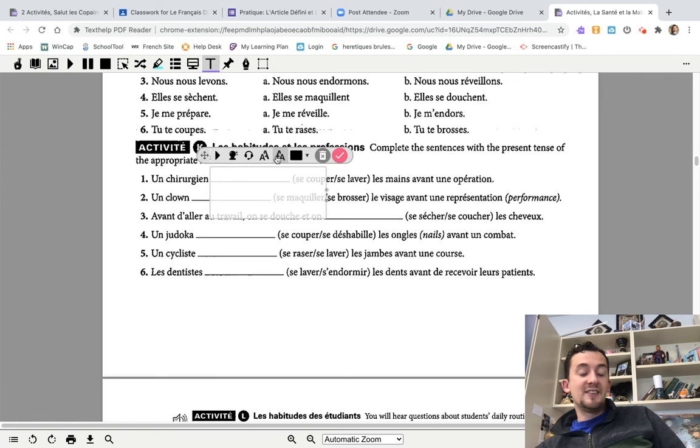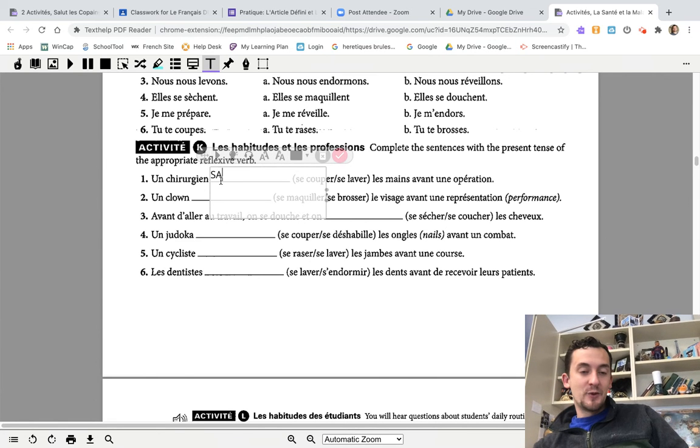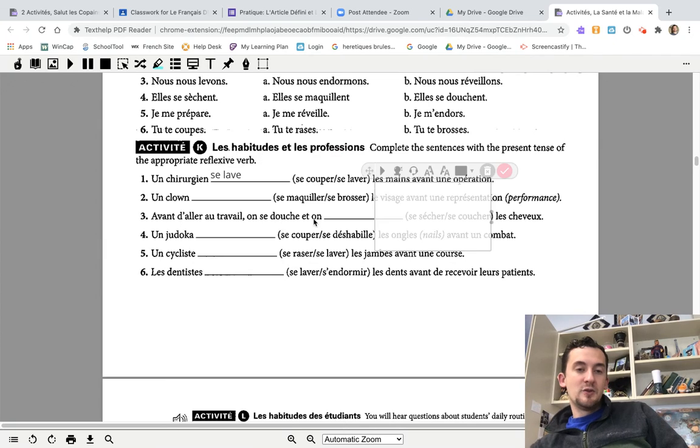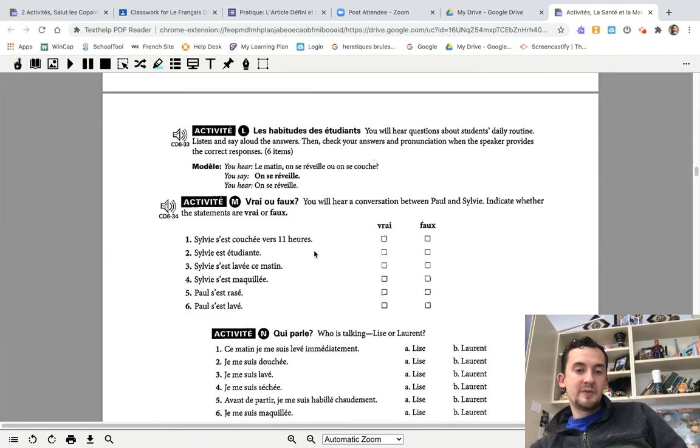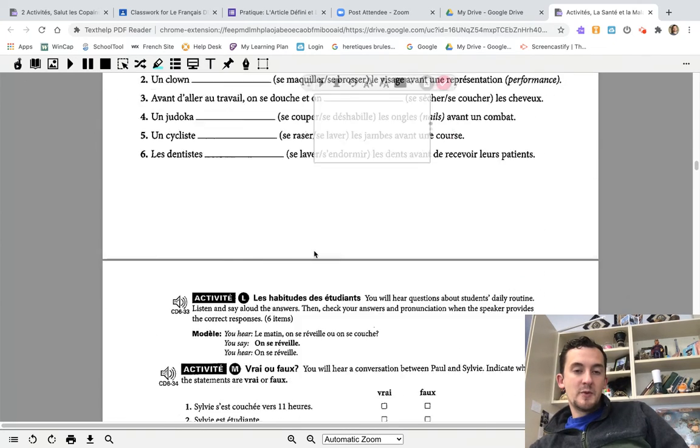Well, if il se coupe les mains, il y aura des problèmes. There will be problems. Parce qu'il va saigner. I'm going to write that word for you so you can see it. Saigner means to bleed. Il y aura du sang partout. There would be blood everywhere. So let's say instead, il se lave les mains avant une opération. D'accord? All right, go ahead and do that one.